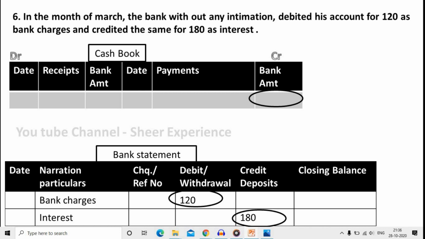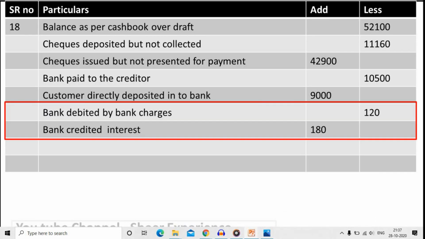So 120 decreases the passbook balance. So I will mention 120 in the less column. 180 increases the passbook balance. So I will mention 180 in the add column. So for 120 in the particulars column, bank charges debited by bank. And for 180 in the particulars column, bank credited interest.